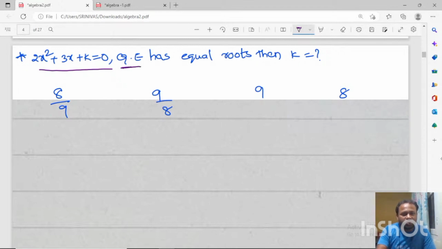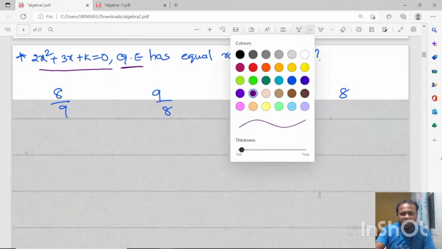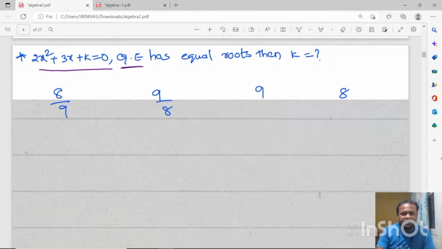Quadratic equation. QE means quadratic equation. It has equal roots. Then what will be the value of k? That is the question.